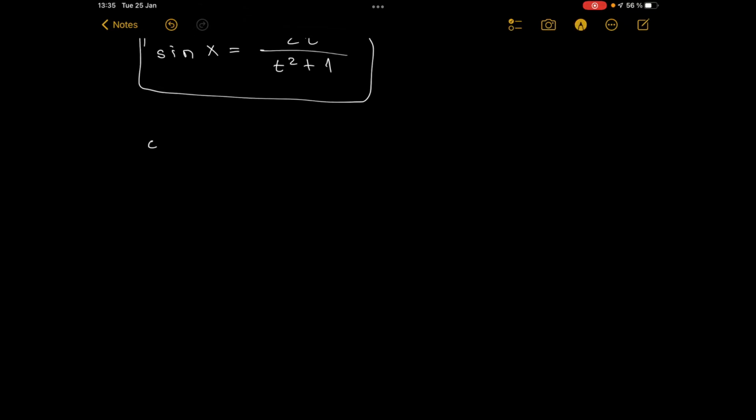Now let's go over to writing cosine of x in a similar manner. So that's basically the cosine of 2 times x over 2 over sine squared of x over 2 plus cosine squared of x over 2, which is just 1.